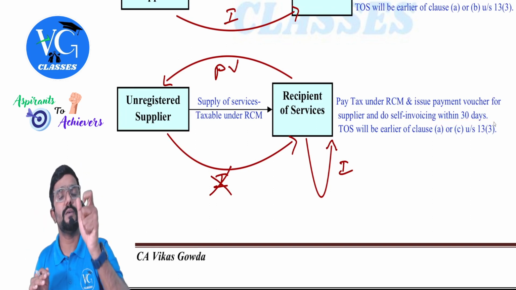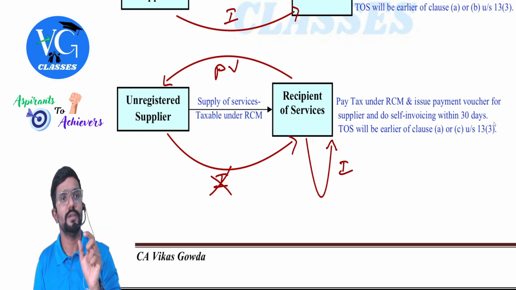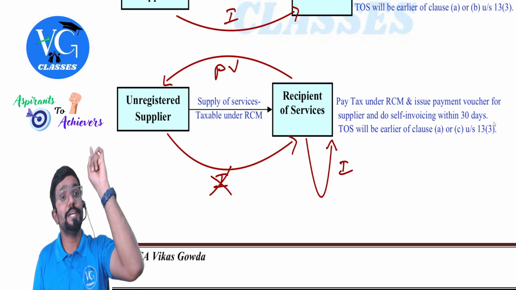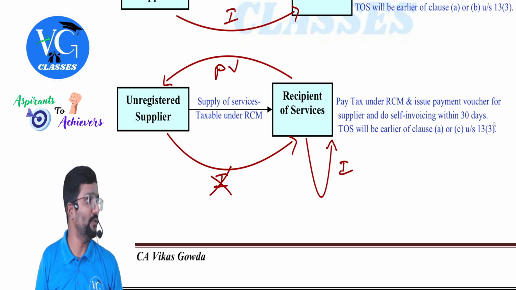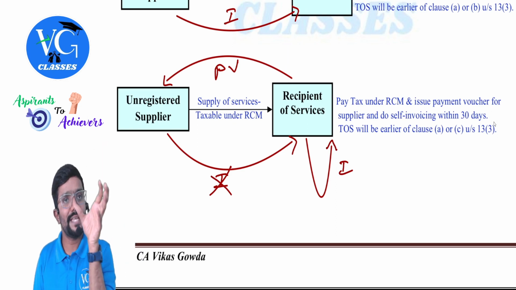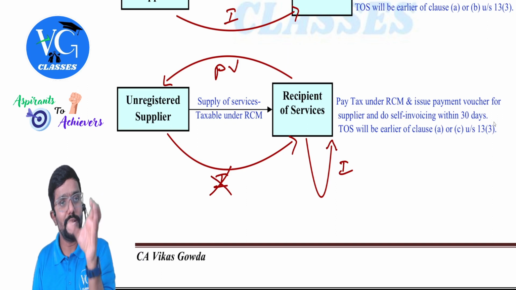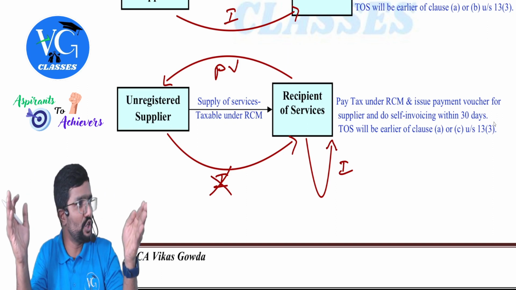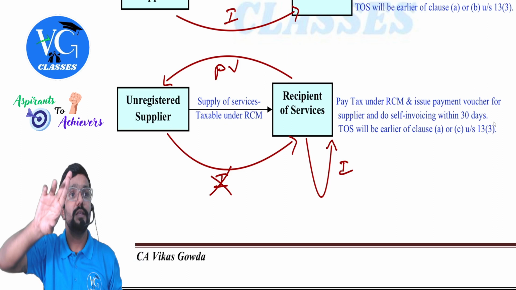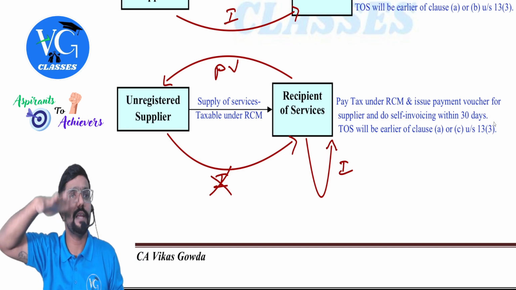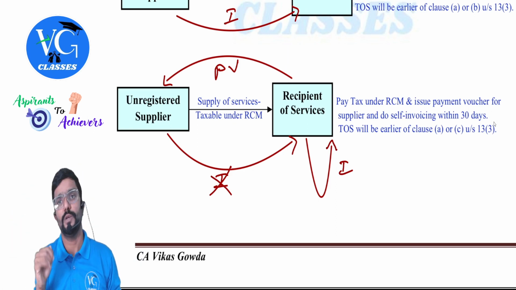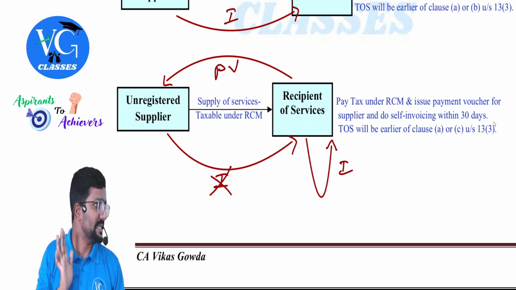And once he issues the invoice for himself, then what is the deadline to claim credit? We need to follow which section? 16 subsection 4. We need to see what is the invoice date. And that invoice date will fall in which financial year? And what would be the deadline? 30th November of next financial year or actual date of filing annual return for the year in which the invoice is issued, whichever is earlier, guys.